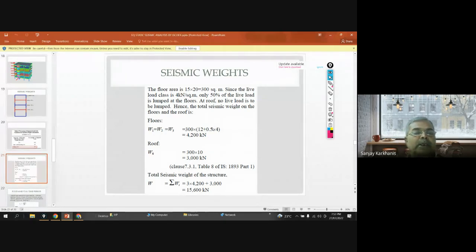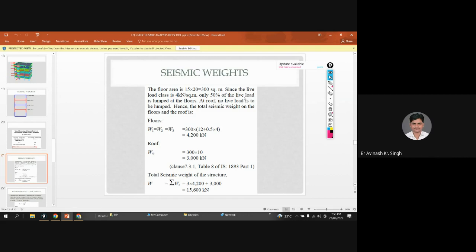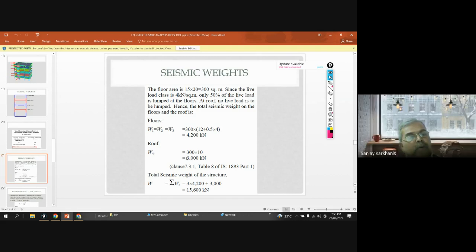So finally, I will say that seismic weight at floor 1, 2, and 3 is coming out to be 4,200 kilonewton. Clear? Yes, sir. Now at roof, it is simply a dead load. So 300 multiplied by 10, because 10 is the intensity of the dead load that we are considering. And so 3,000 will be on roof.